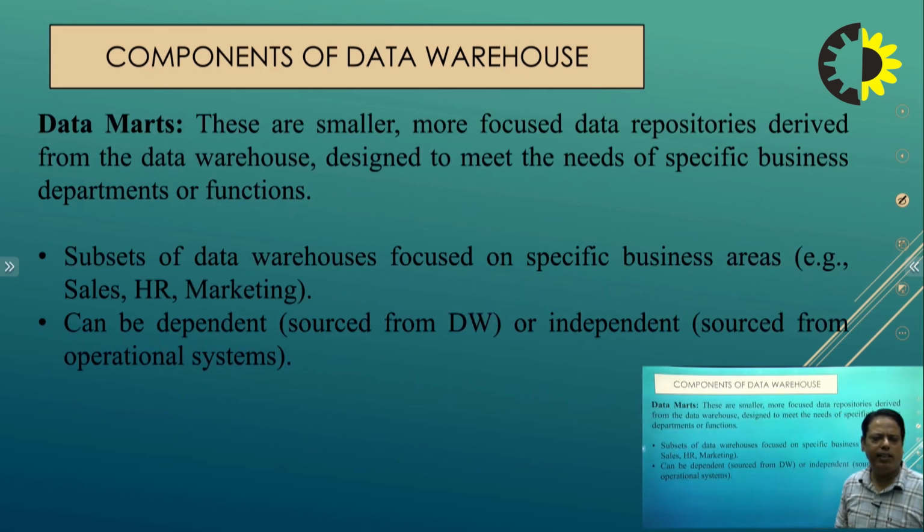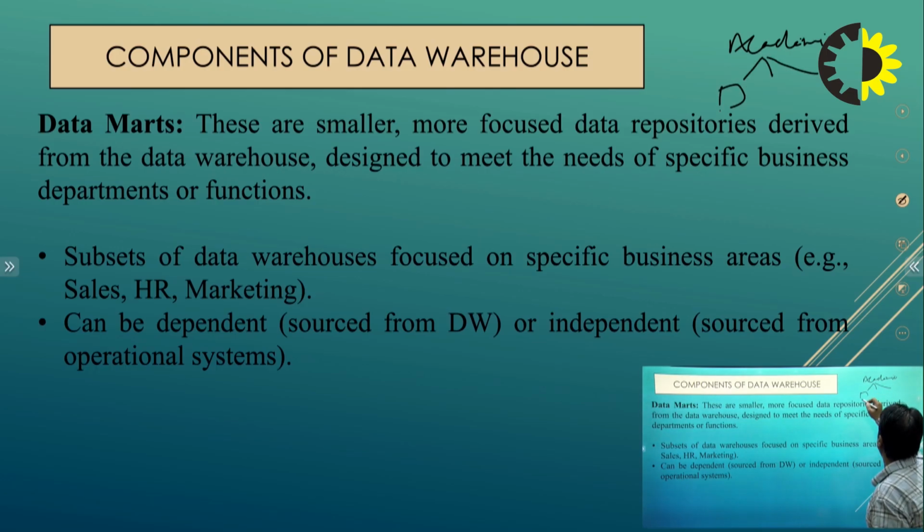Now, the next component is data marts. What are data marts? These are smaller, more focused data stores. A data mart is basically a subset of the data warehouse. Like if we have different data, like academic data, and we divide this academic data into small data marts like notes, attendance data, lectures data, and tutorial data, all these parts are data marts.